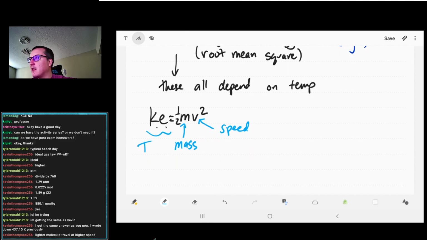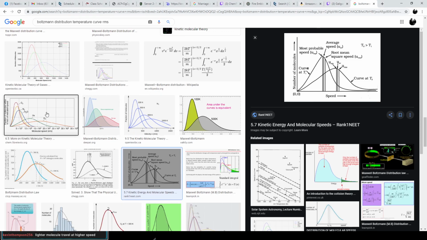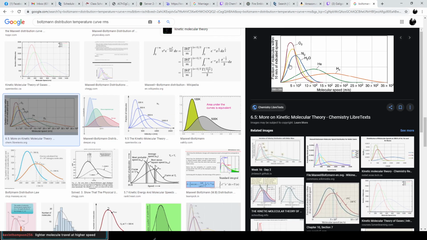And so we can see that in this lovely graph. Look at these molecules here. We have hydrogen, helium, water, nitrogen, and oxygen. Hydrogen of all these will have the lowest molar mass. Helium would have the next lowest, followed by water, nitrogen, and oxygen.